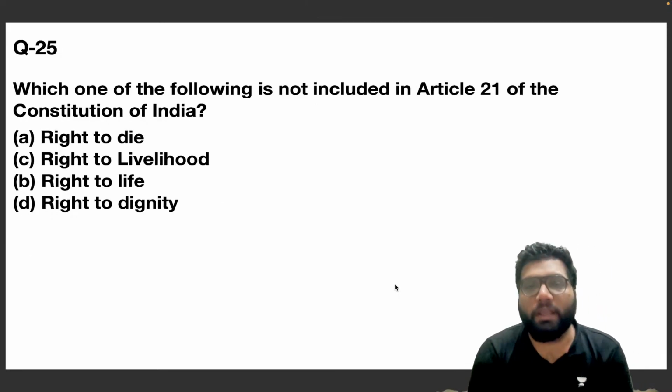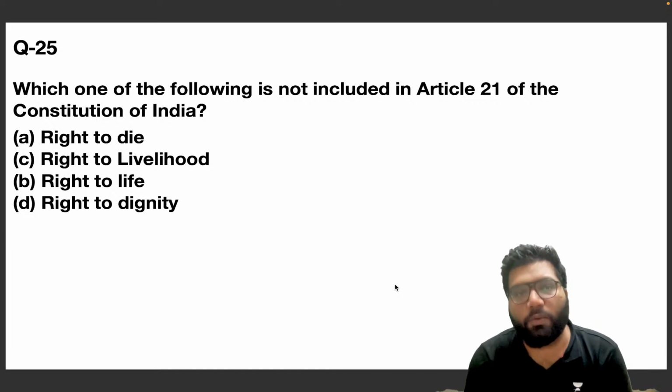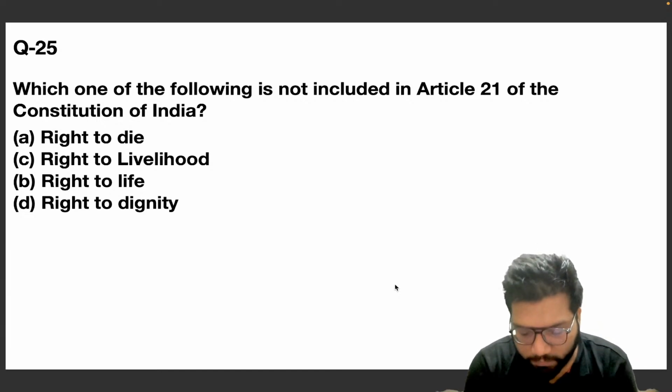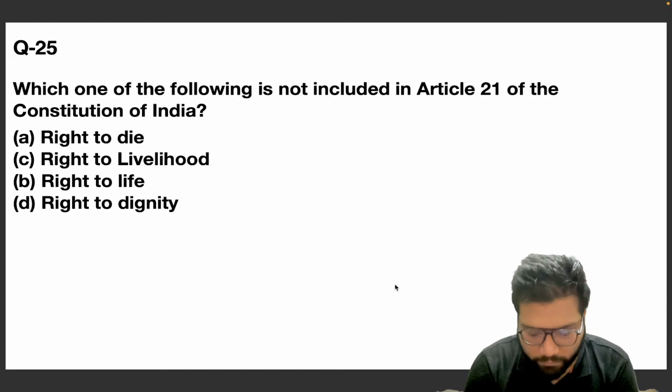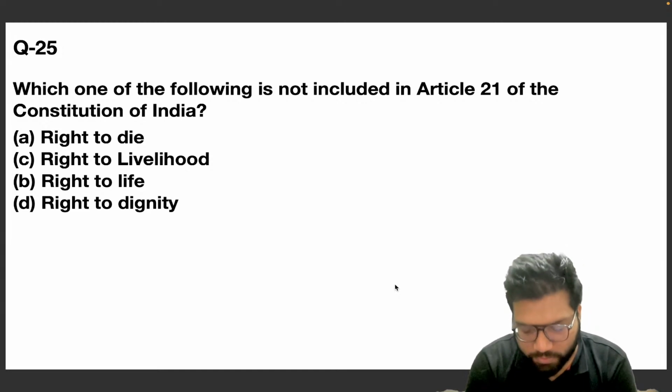Which one of the following is not included in Article 21 of the Constitution of India? Yes, Millie, it's a landmark judgment.